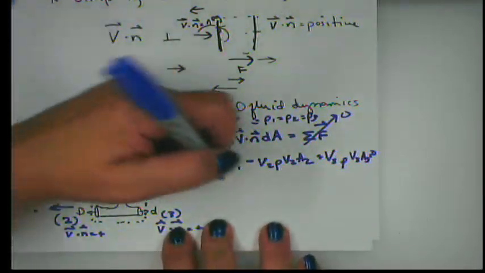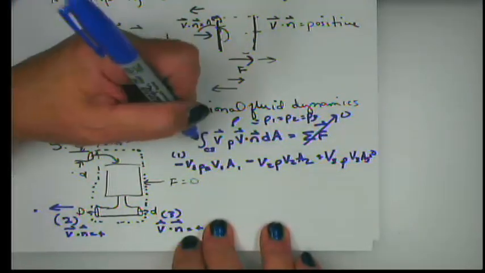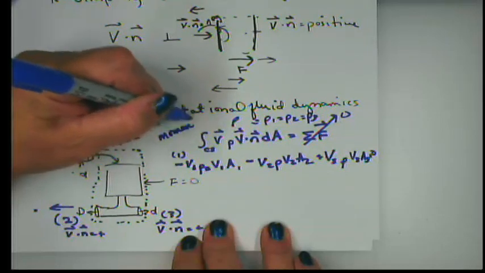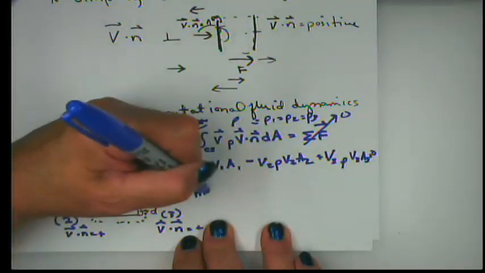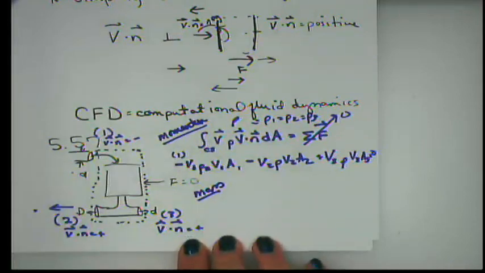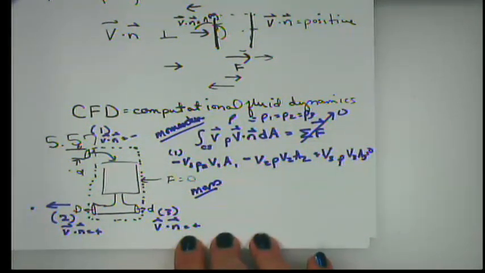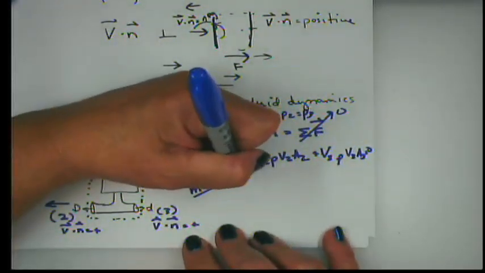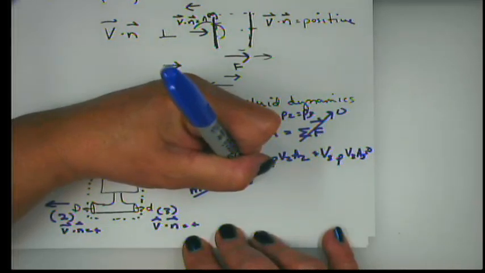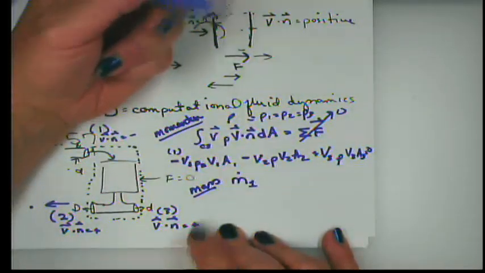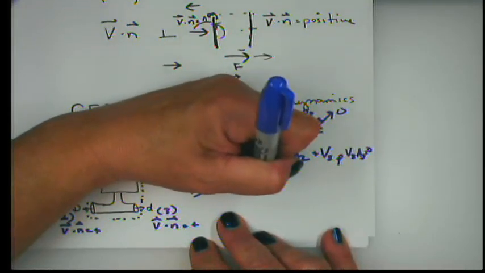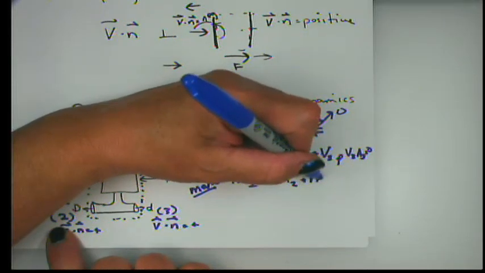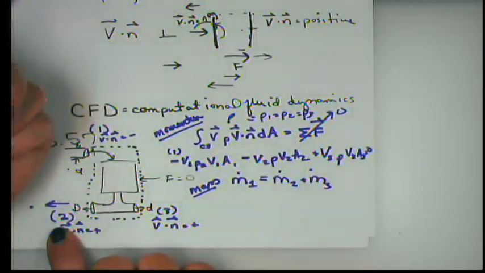Well, what else do we know? Not only do we have the equation for the momentum, we also know that mass has to be conserved. And we also know that energy has to be conserved. So what is the mass flow rate going in and out? We can say that the mass flow rate in at 1 has to equal the mass flow rate out at 2 plus the mass flow rate out at 3.